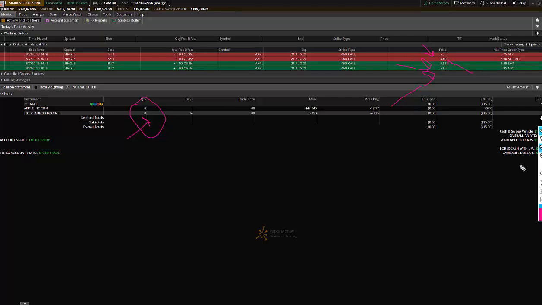Everybody understand what the difference between those two are now? And I have zero position on, which is good. Okay, that's the most basic thing that we have here.